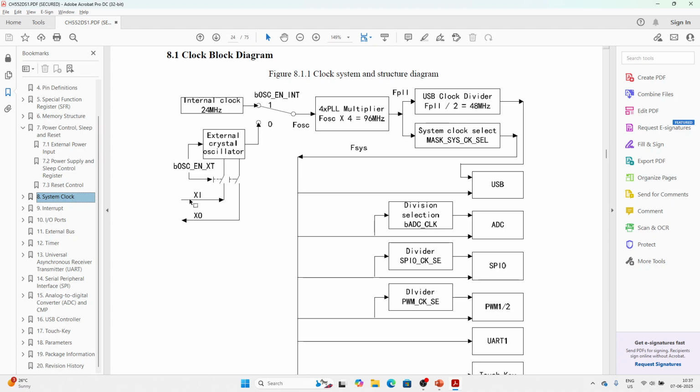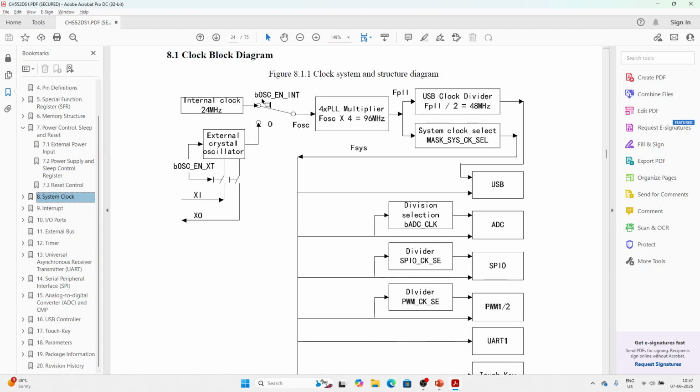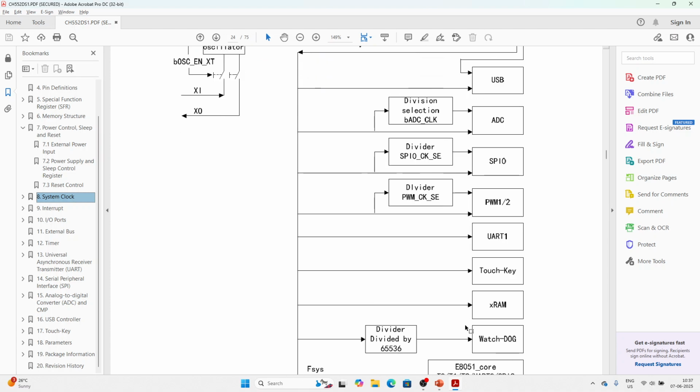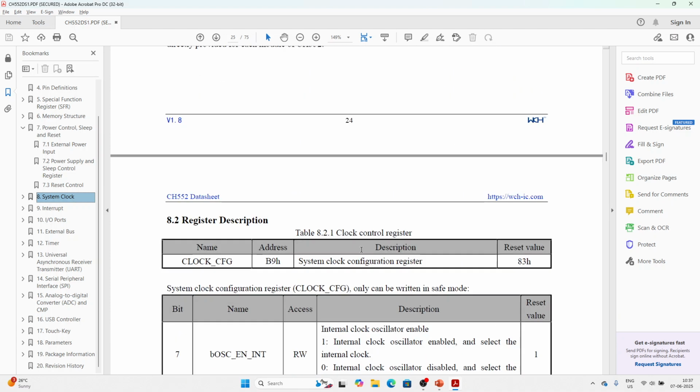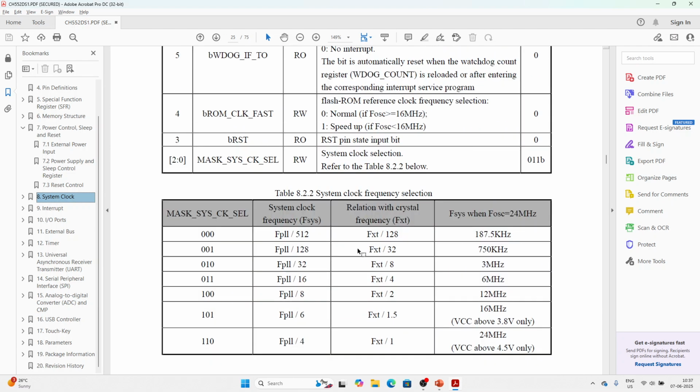If you are selecting external crystal, then XI/XO needs to be taken into consideration. External crystal oscillator pin needs to be enabled, and VOSC interrupt needs to be pulled down so that we get external clock, and this system continues the same, right? So that is with respect to system clock.